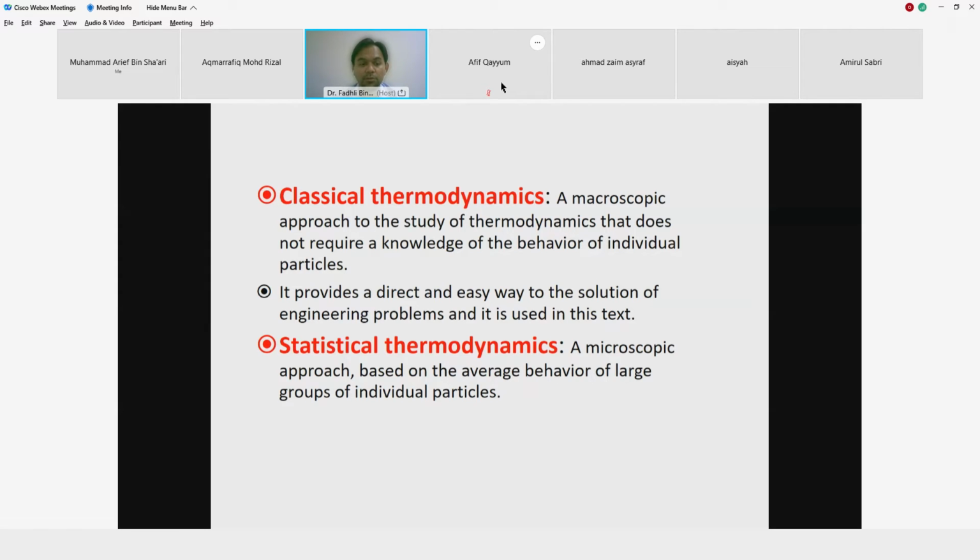So for statistical, we analyze the individual particles, not the macroscopic but in terms of micro. Micro is very small. Analyze the atom, molecule, the ions. Okay.